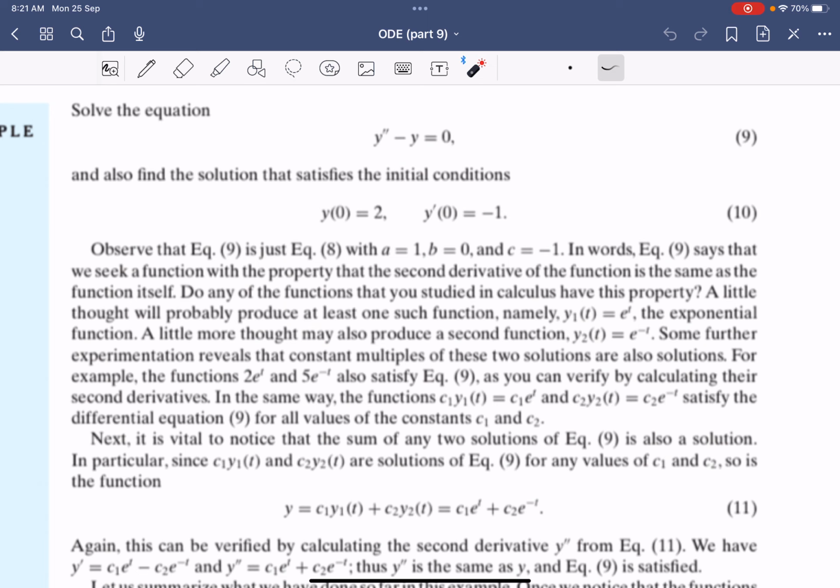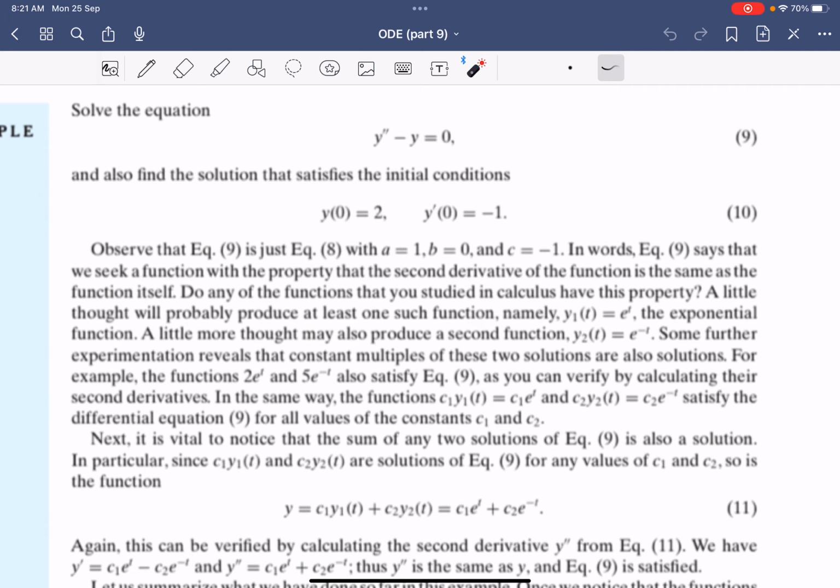With further experimentation, we can see that constant multiples of these two solutions will also be a solution. For example, 2e^t and 5e^(-t) also satisfy this. Hence, we can say that c1y1 is a solution and c2y2 is also a solution.